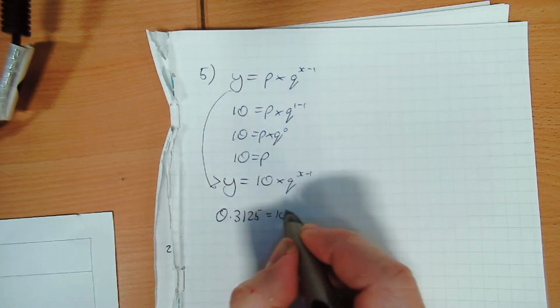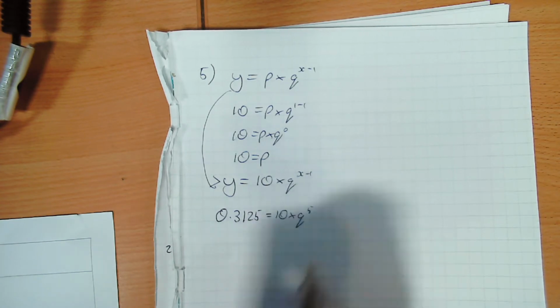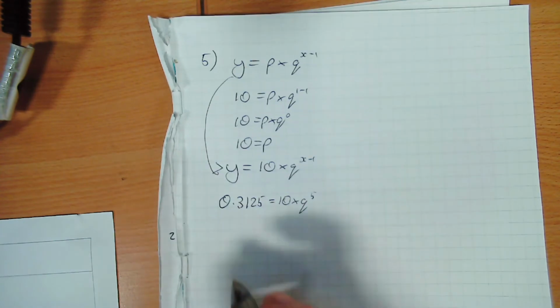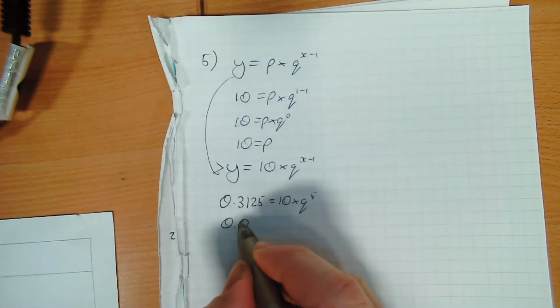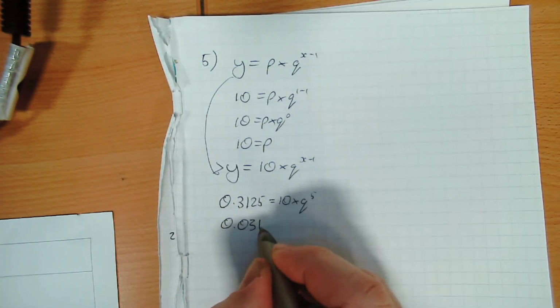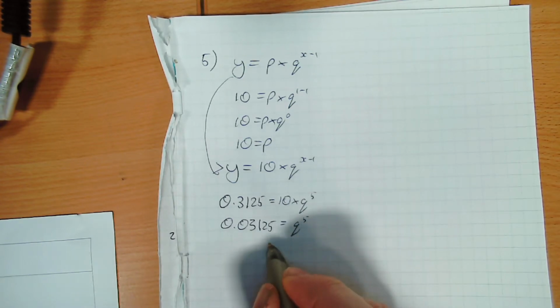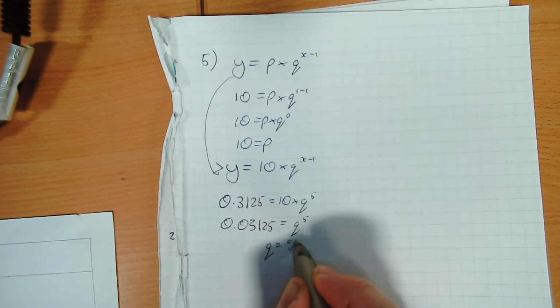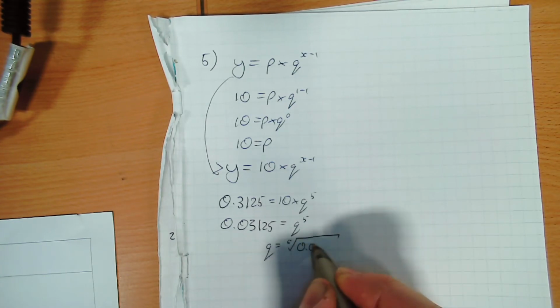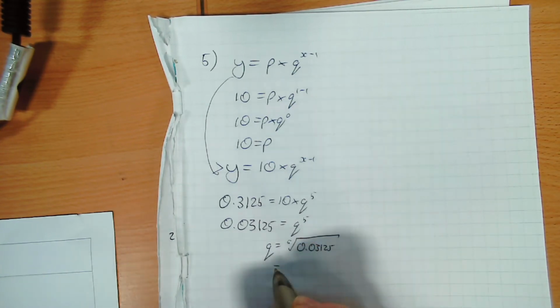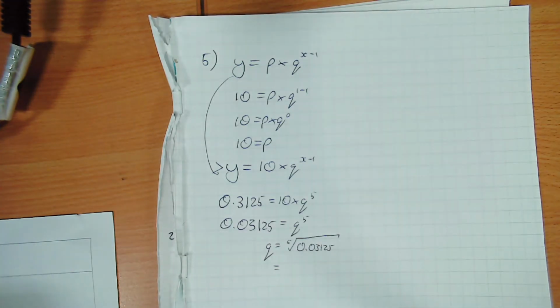0.3125 equals 10 times q to the 5. Divide both sides by 10. 0.03125 equals q to the 5. And I'm going to take the fifth root of 0.03125 on my calculator.